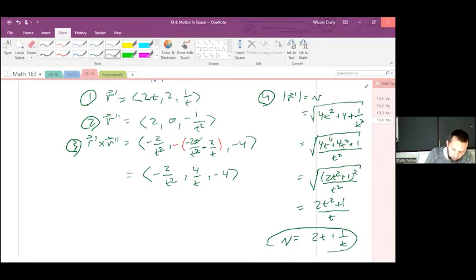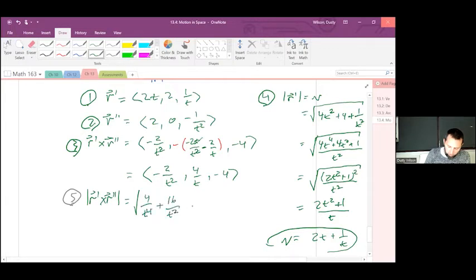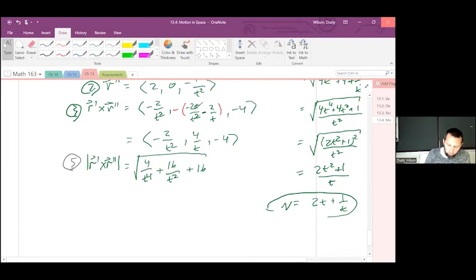We also need 5. We need the magnitude of r prime cross r double prime for our curvature. So the magnitude of r prime cross r double prime will equal the square root of first term squared. So I have 4 over t to the 4th plus 16 over t squared plus 16. And once again, we got to do some simplification.